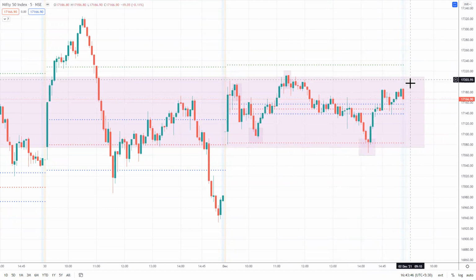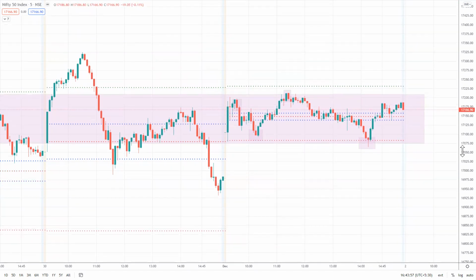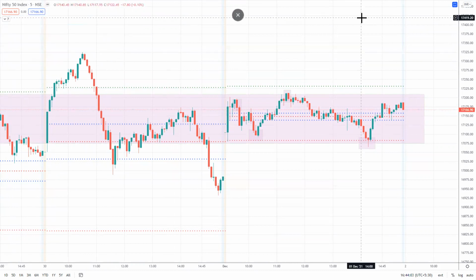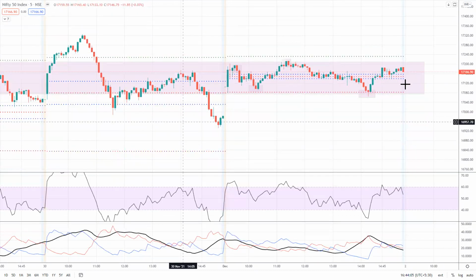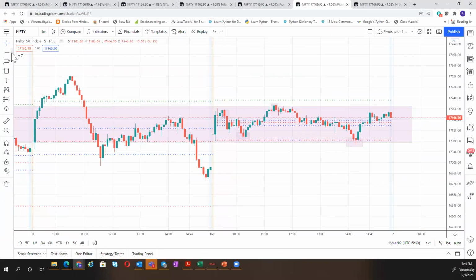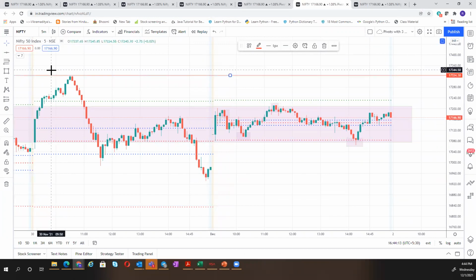Now if tomorrow R1 is broken, about 17,232, previous day high and R1 pivot, where do you see the next resistance? The next resistance is here. If you want me to mark, I will mark so that you guys can see the clear levels.